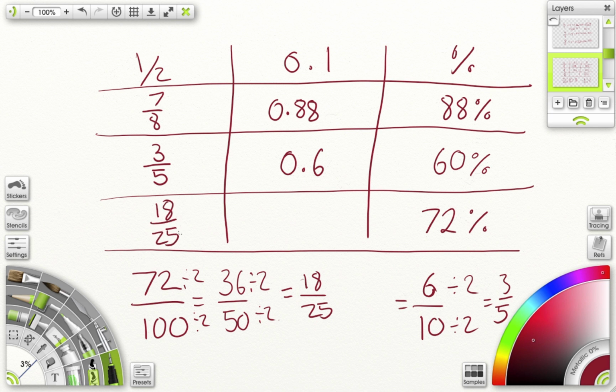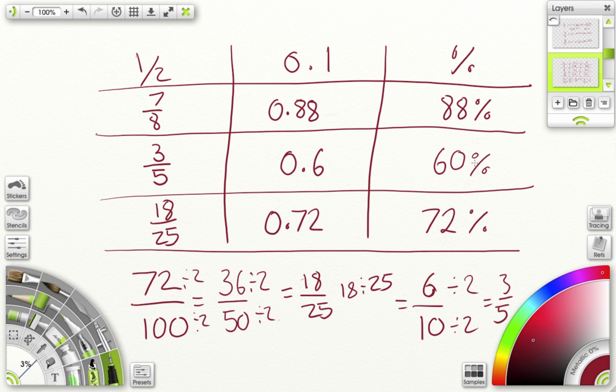How do I convert this into a decimal? Take my numerator and divide it by my denominator. So 18 divided by 25 equals 0.72. And if I convert that into a percentage, it equals 72%, so I know I'm right.